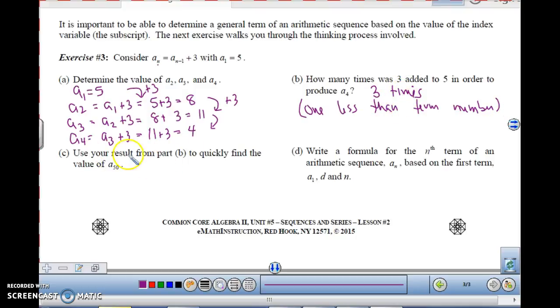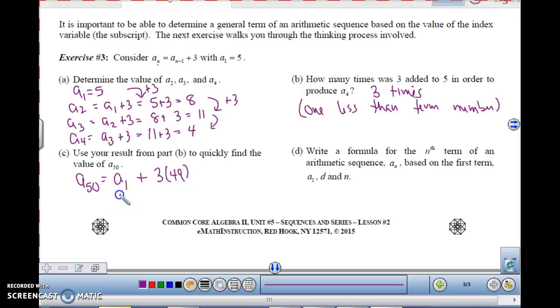Okay, so use your result from part B to quickly find the value of A50. If I wanted to find the 50th term of the sequence, I started at A1, and I wanted to add 3 how many times? Well, if I'm starting on the first term and I want to go to the 50th term, I have to add 3 49 times.